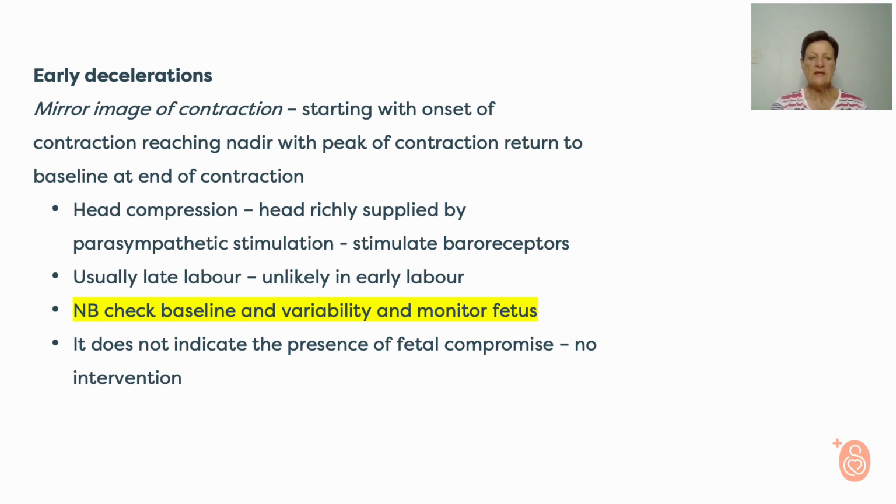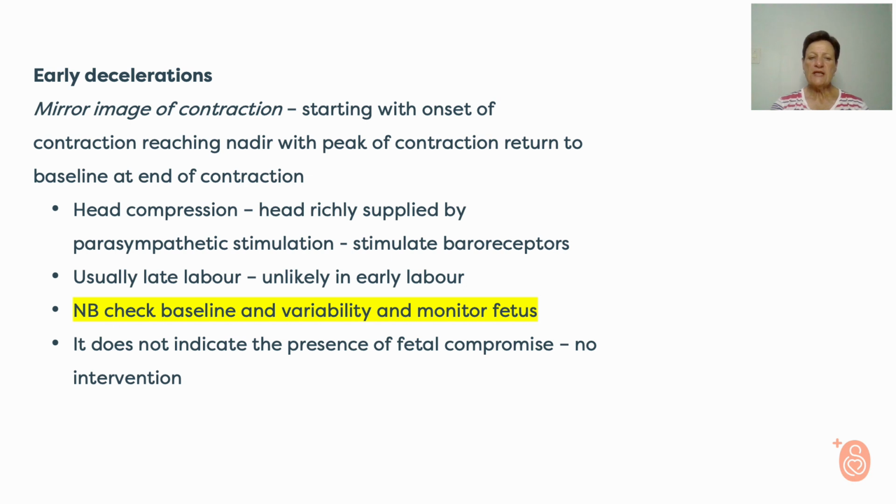Parasympathetic nervous system decreases the fetal heart rate. So the moment that the contraction comes, there's pressure on the fetal head, it stimulates the parasympathetic nervous system, it decreases the fetal heart rate, and we get this deceleration at exactly the same time as the pressure on the fetal head. The moment that the pressure on the fetal head is released, the fetal heart goes back to normal again.